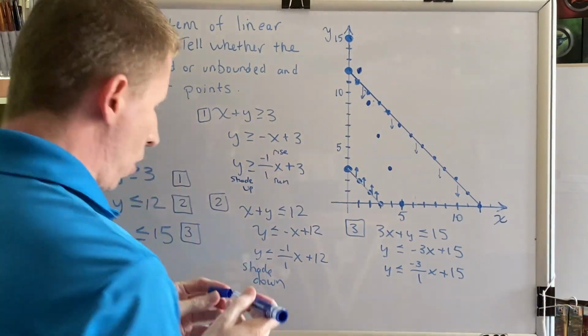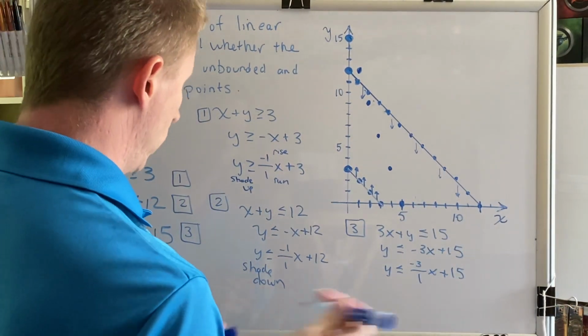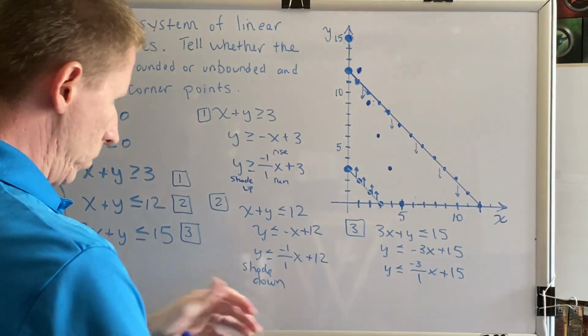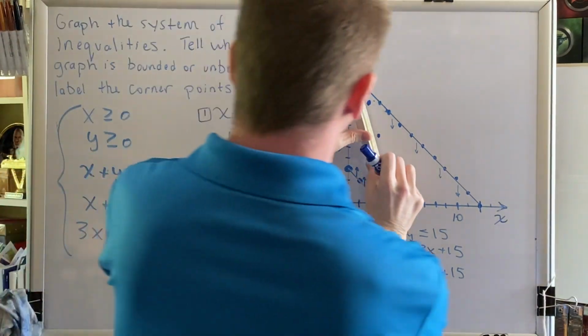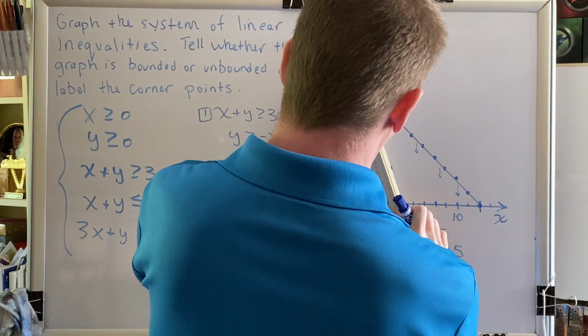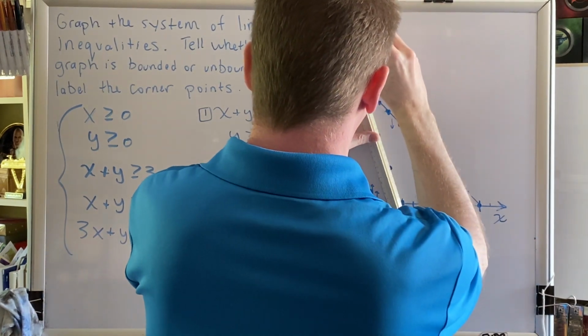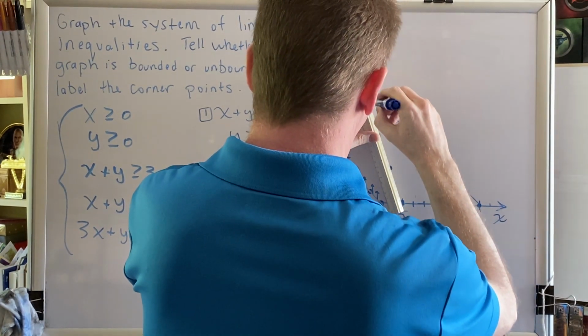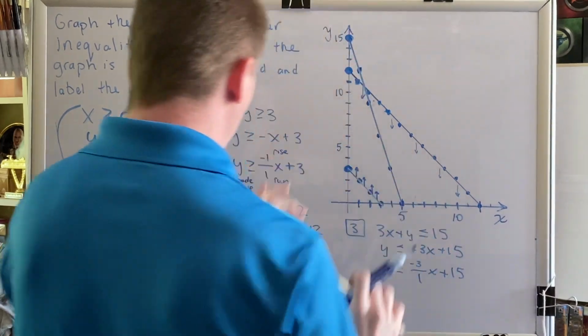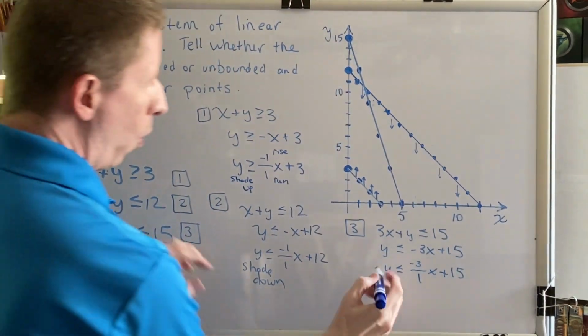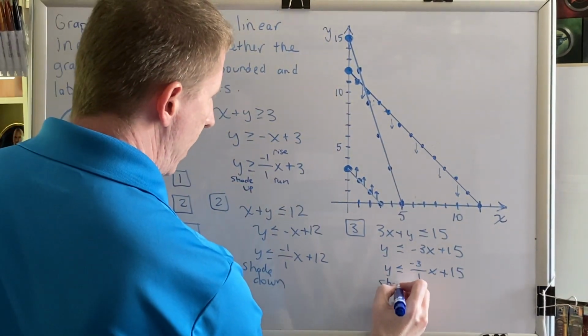All right, let's connect all of those points together. And the shading part. y is less than or equal to, so we shade down.